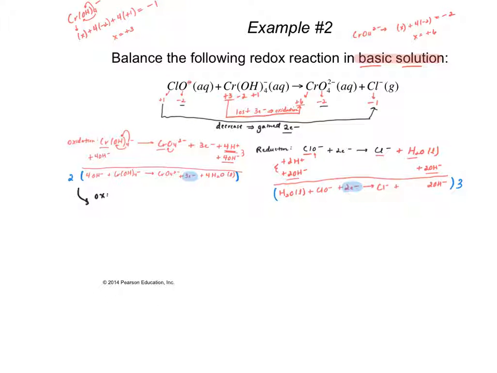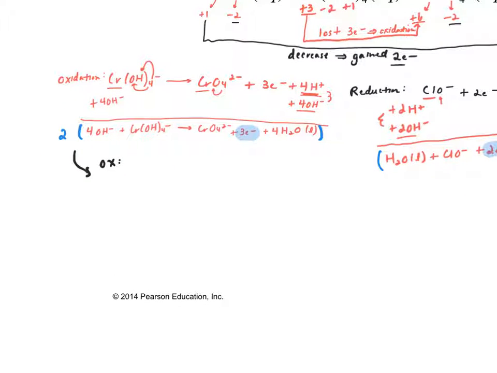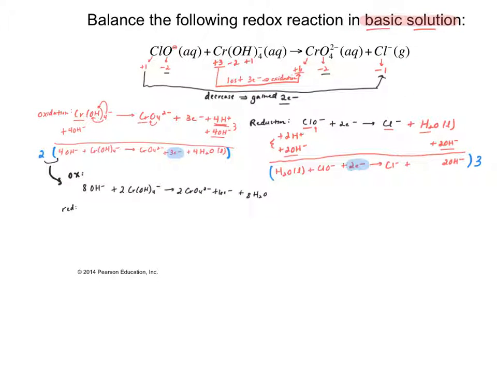Okay, so then we'll go down with what's left. For our oxidation, 2 times 4 gives us 8 OH minuses plus 2 CrOH4 minus goes to make 2 CrO4 2 minus plus 6 electrons plus 8 waters. And then reduction, same thing, except now we're taking 3 and multiplying it in.